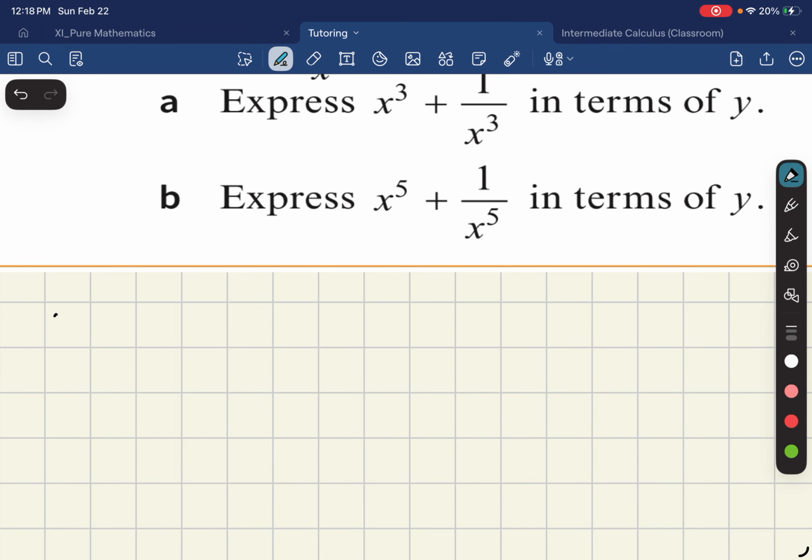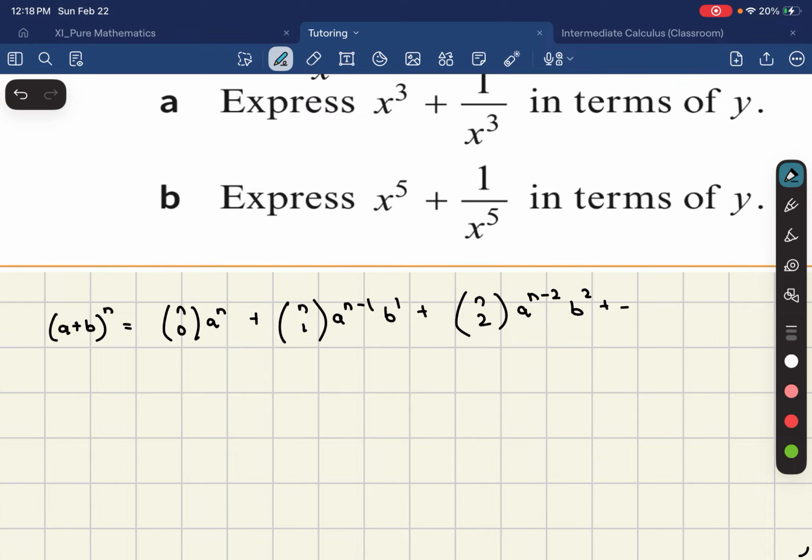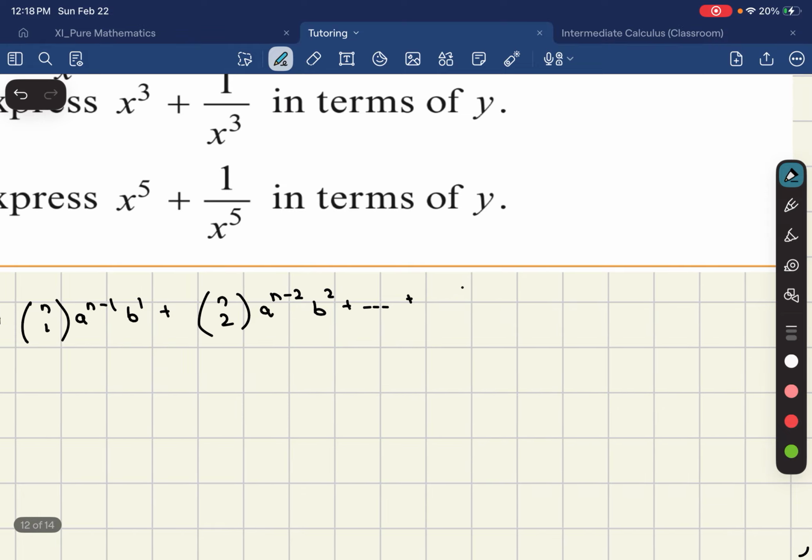We say that a plus b to the power n is actually nC0 a to the power n b to the power 0, so that is just 1, plus nC1 a to the power n minus 1 b to the power 1 plus nC2 a to the power n minus 2 b squared plus on and on until we get to nCn, a to the power 0, so that is nothing, and b to the power n.